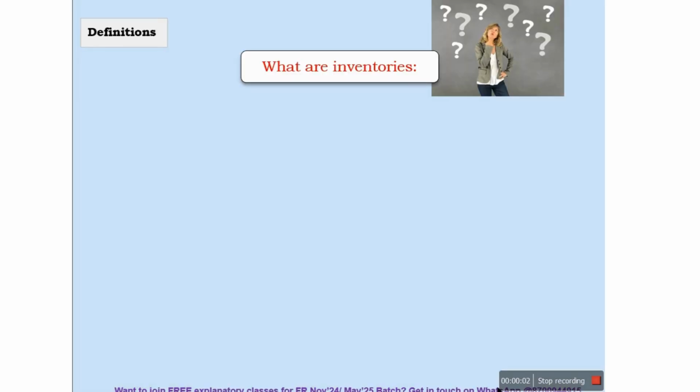What constitutes an inventory? As per IND AS 2, inventories are the assets that are held for sale in the ordinary course of business. So we need to check the purpose for which these assets are being held. If these are held for sale and the entity is in the business of selling those assets, it is an ordinary sale and those assets will be classified as inventory.